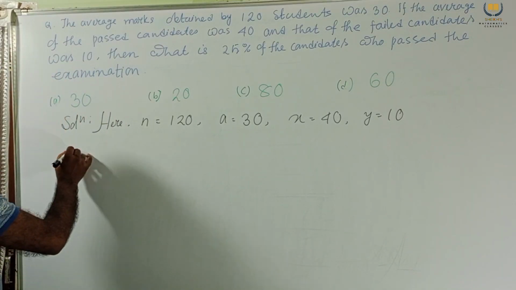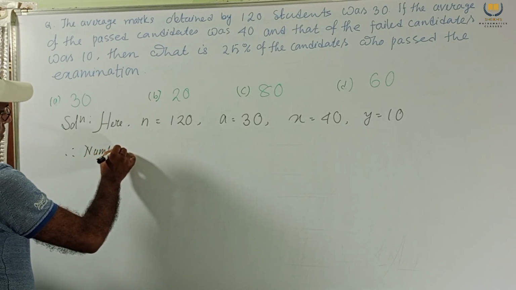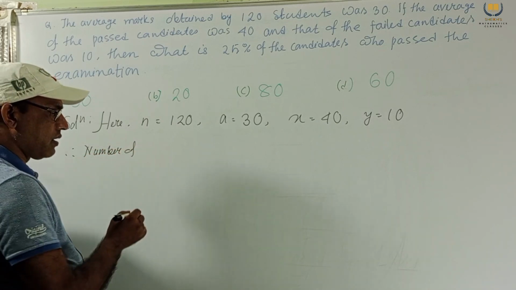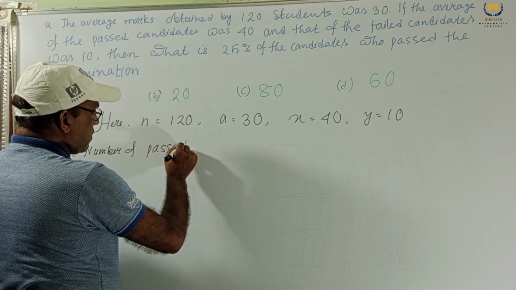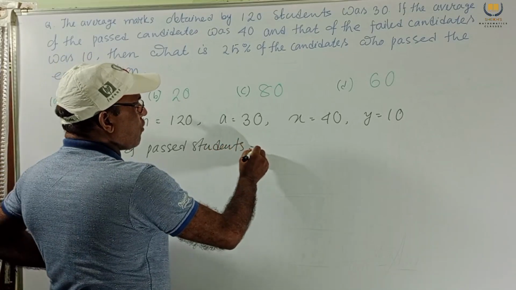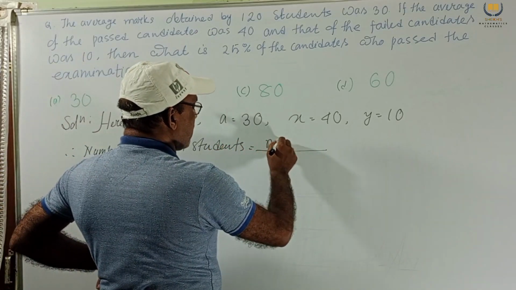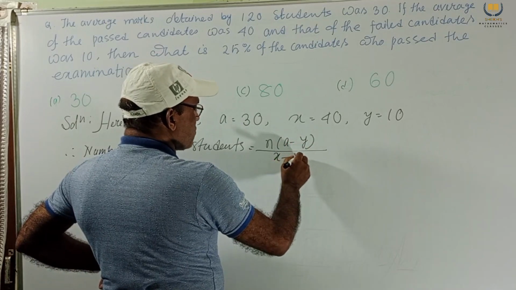Therefore, the number of passed students, by the shortcut formula, we can write n into (A minus Y) by (X minus Y).